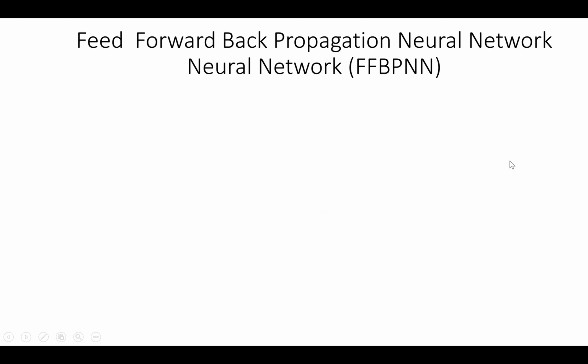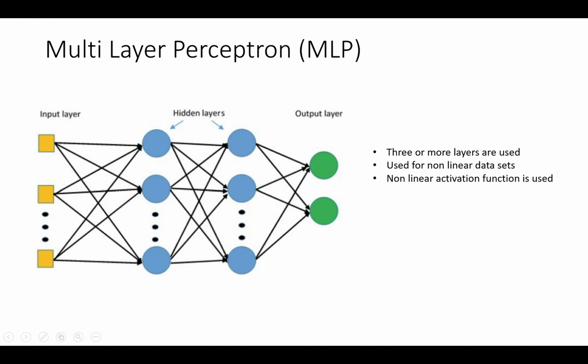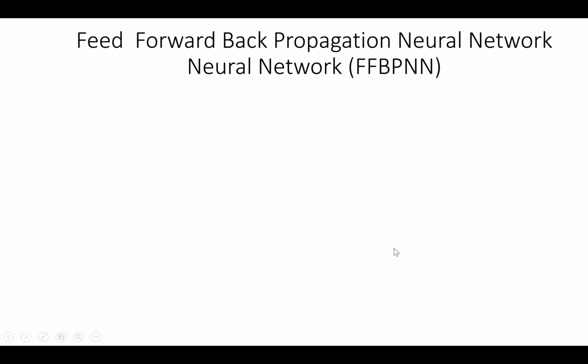As you have seen in the previous models, all the models travel only in one direction, giving the input to the weights and then to the output. Whereas the feed-forward back propagation neural network has a component of back propagation.